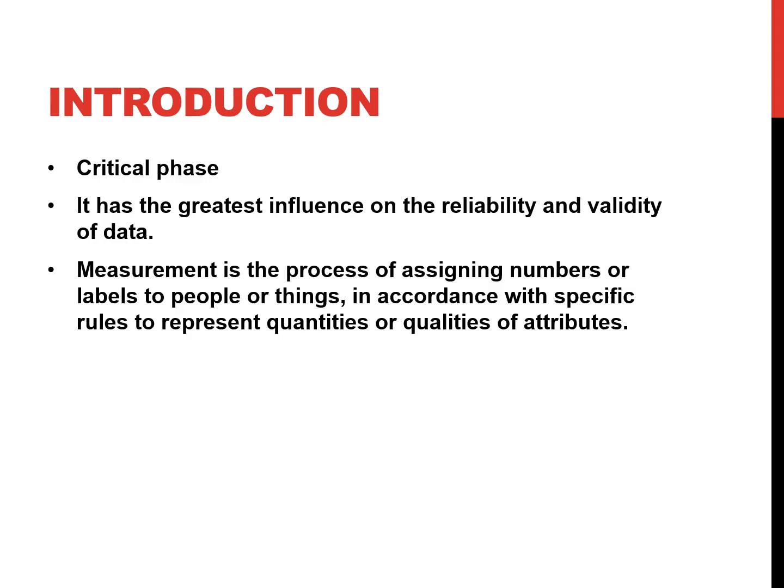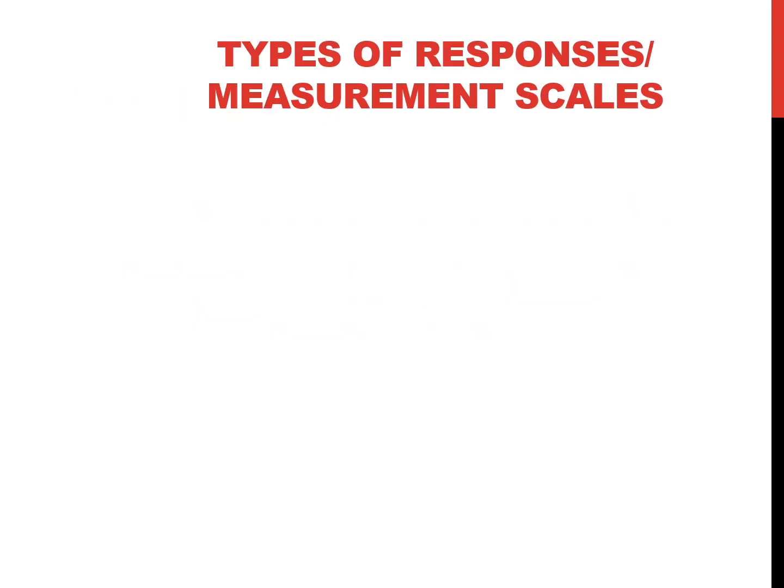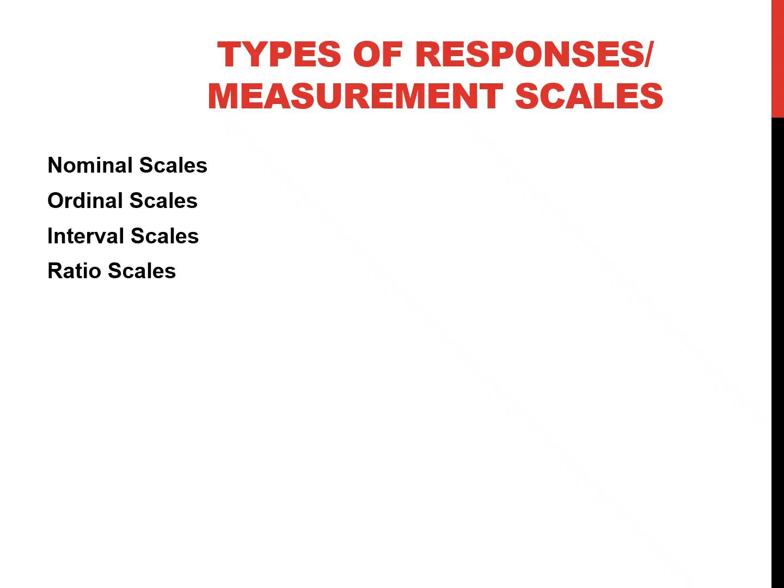We're going to start by going through the types of responses or measurement scales. There are basically 4 types. They're all related and really build on each other, so I'll take you through them.